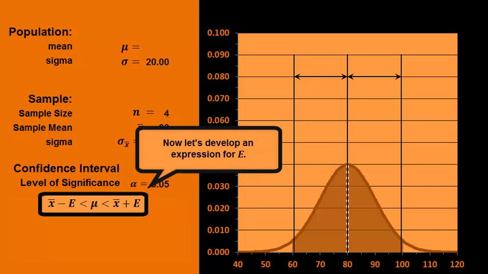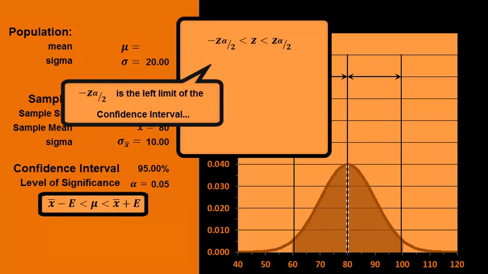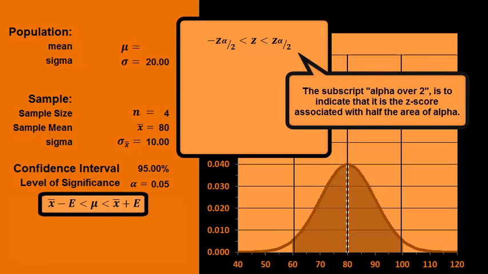Now let's develop an expression for e. We can also overlay this problem on the standard normal distribution and put the limits in terms of the z-score. Minus z of alpha over 2 is the left limit of the confidence interval, and z of alpha over 2 is the right limit of the confidence interval. The subscript alpha over 2 is to indicate that it is the z-score associated with half the area of alpha.